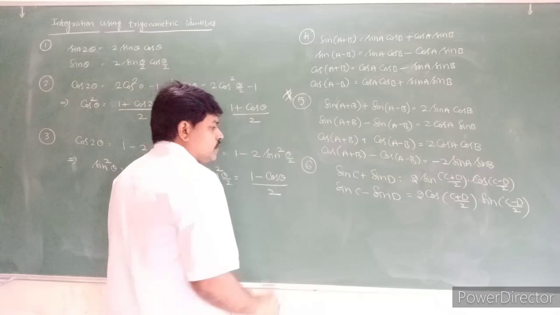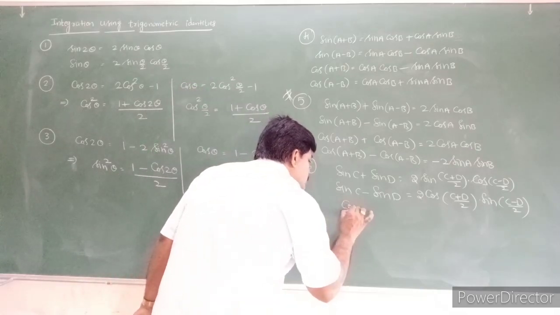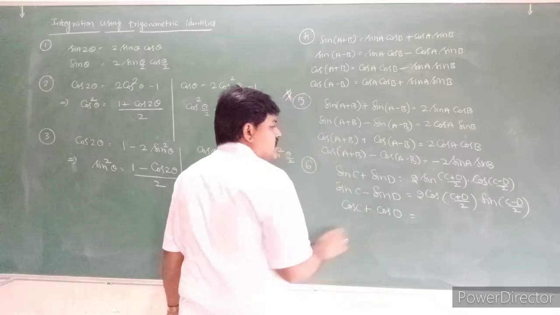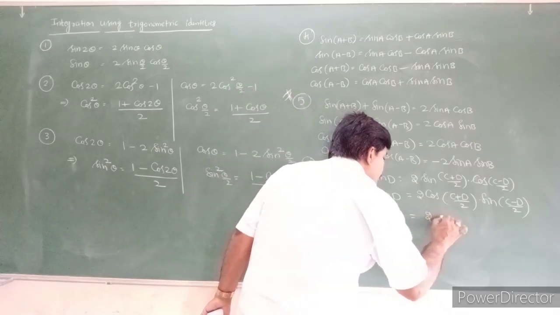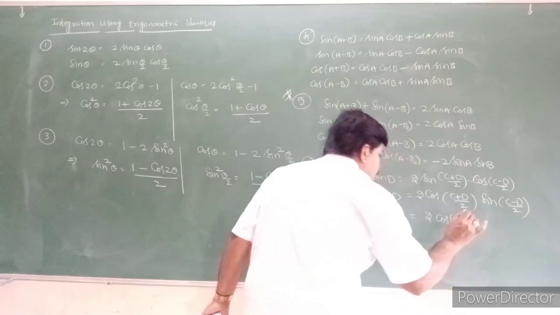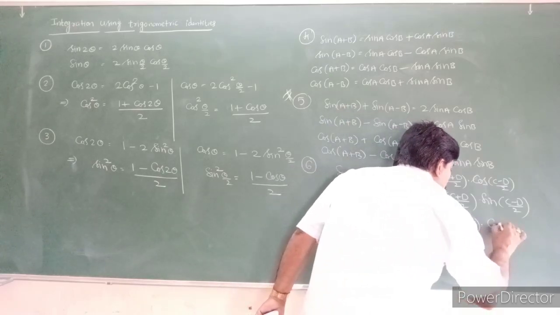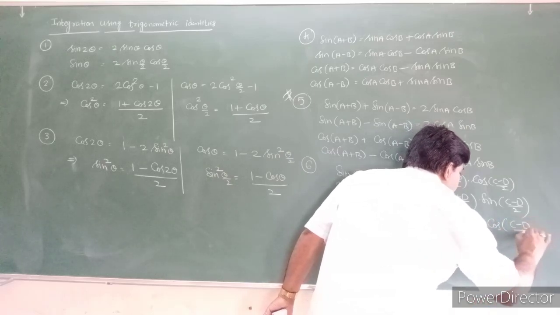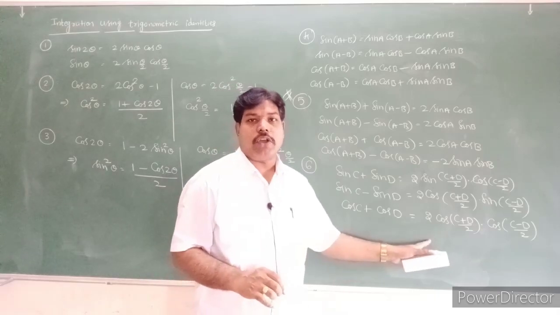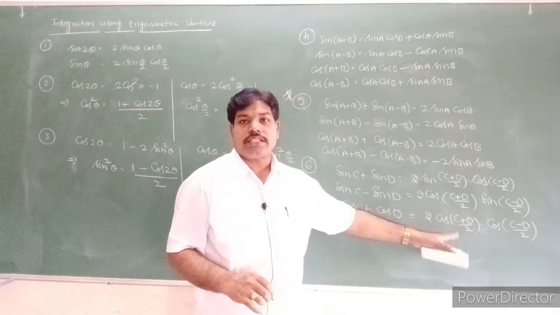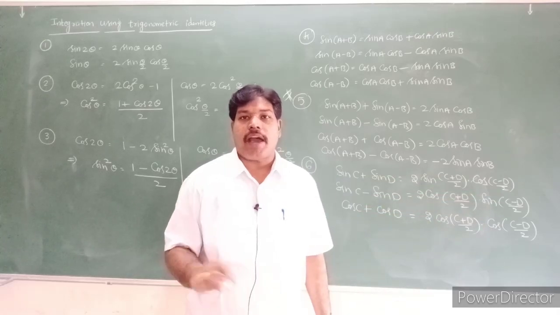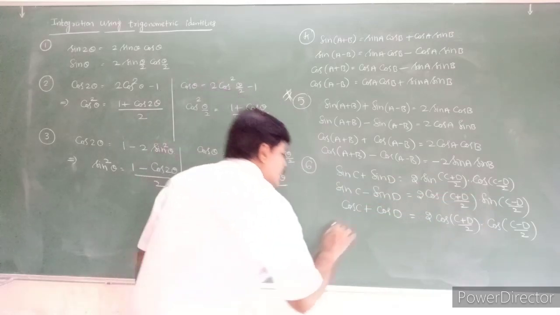Next, cos c plus cos d is equal to 2 into cos of c plus d by 2 into cos of c minus d by 2.